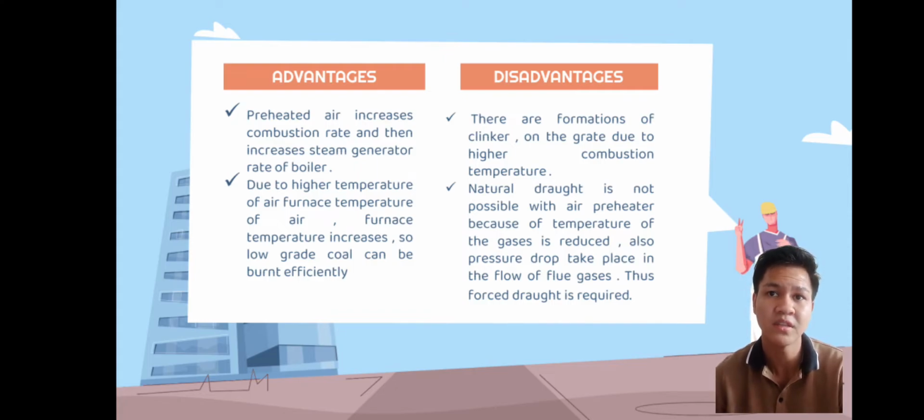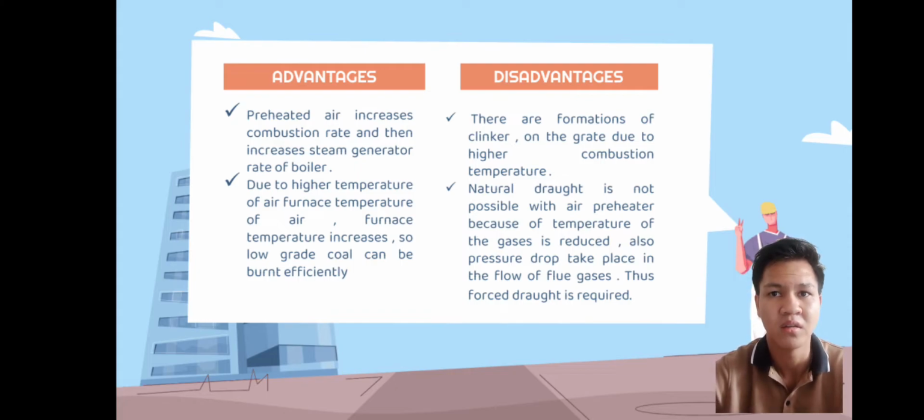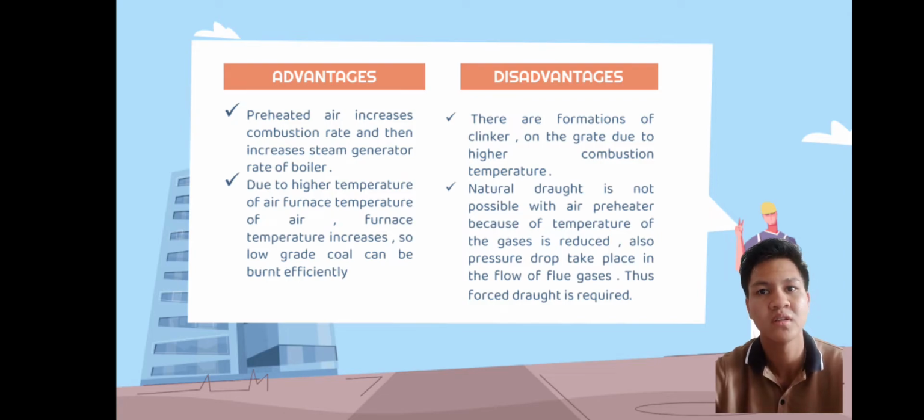The disadvantage is there is formation of clinker on the grate due to higher combustion temperature, and natural draft is not possible with an air preheater because the temperature of the gases is reduced. Also, pressure drop takes place in the flow of flue gas, thus forced draft is required.